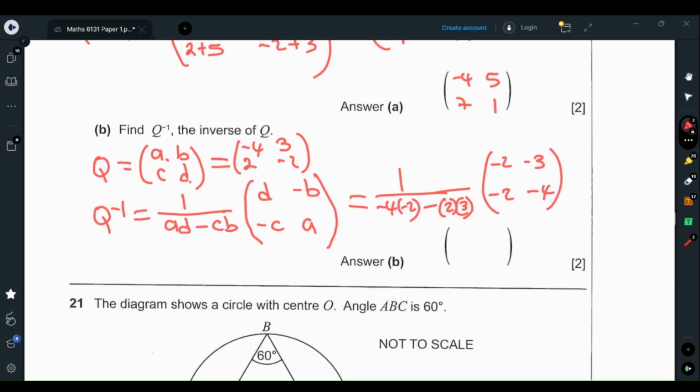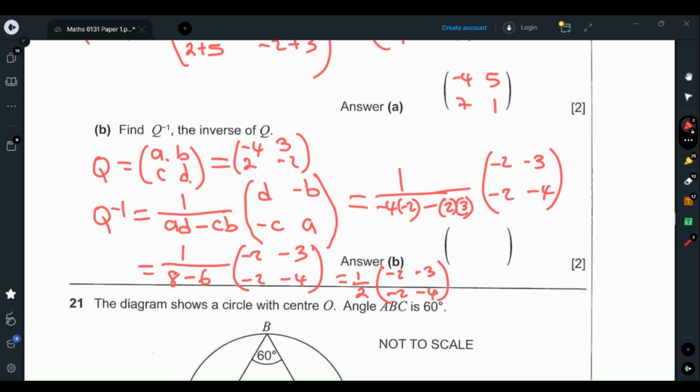A is minus 4. So minus 4 times minus 2, that is 8. 2 times 3, that is 6. Multiplied by minus 2, minus 3, minus 2, minus 4. Alright, so 1 over 8 minus 6, that's 1 over 2, multiplied by minus 2, minus 3, minus 2, minus 4.